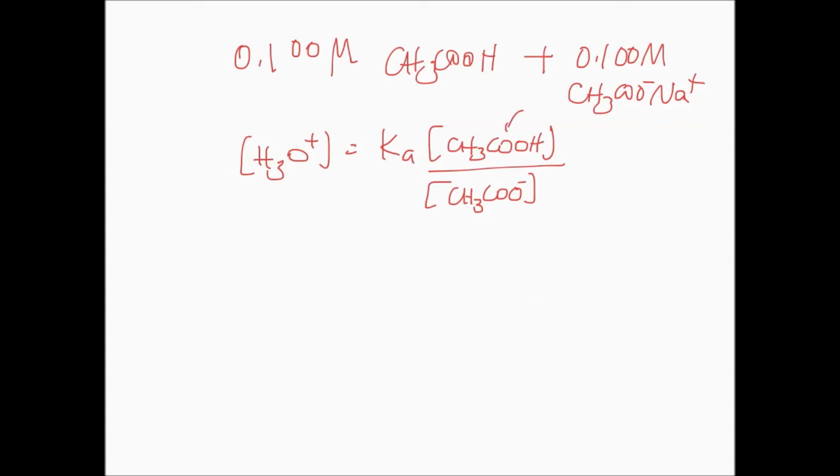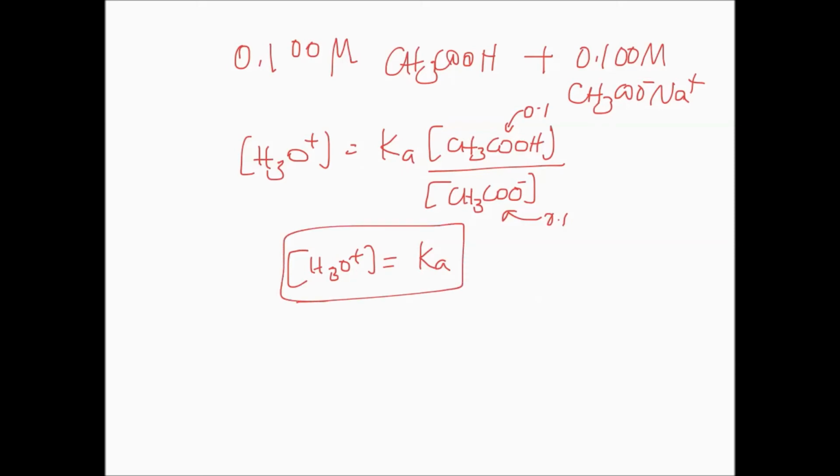This is 0.100. That too is 0.100. So one can say that the hydronium ion concentration is going to be equal to Ka in this case scenario. And this was a case scenario where both the acid and the base were exactly equal.